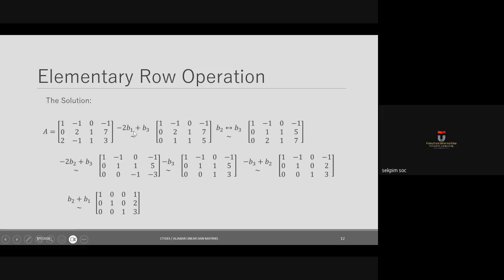You see, -2 times row 1: we have -2 times 1 is -2, we have 0 here, and -2 times -1 is 2, and we add that result to row 3. Such that this one is 0. The next one is -1 plus 2, which is 1.